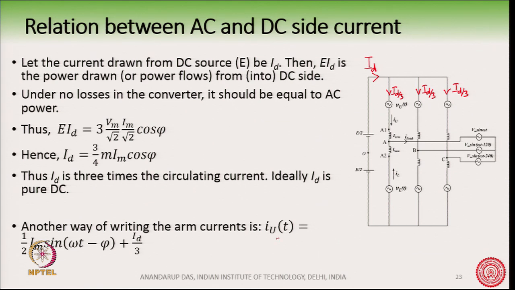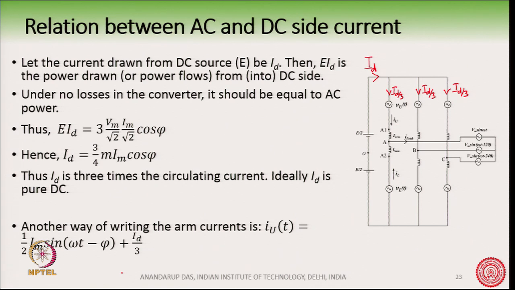Therefore, the upper arm current can also be written as I_u(t) = half I_m sin(omega t minus phi) plus ID by 3, and similarly I_L(t) will be half I_m sin(omega t minus phi) minus ID by 3.